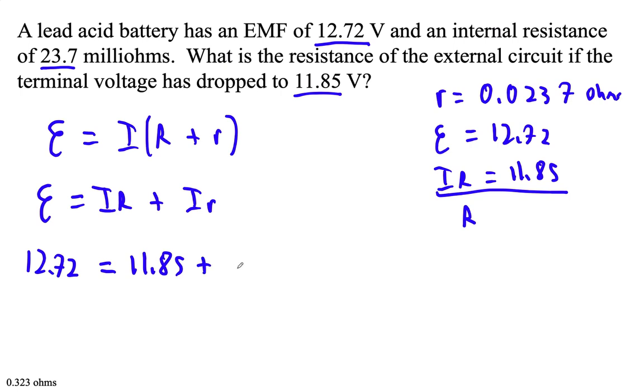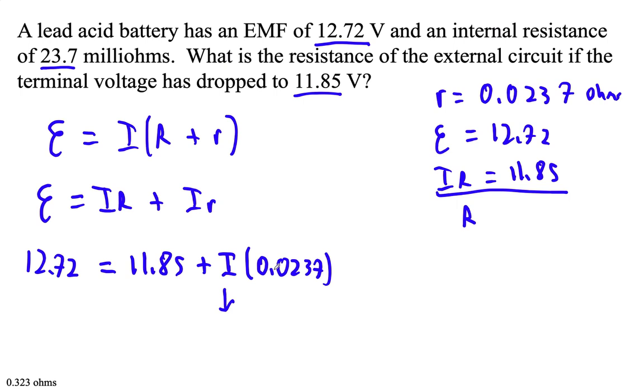Oh yeah, we can do it. This is good. I'm glad we wrote that down. Then whatever the current is times 0.0237. Now the only thing we don't know is that current. If we know that current, we can figure out what the resistance of the external circuit is. So 12.72 minus 11.85 is 0.87.